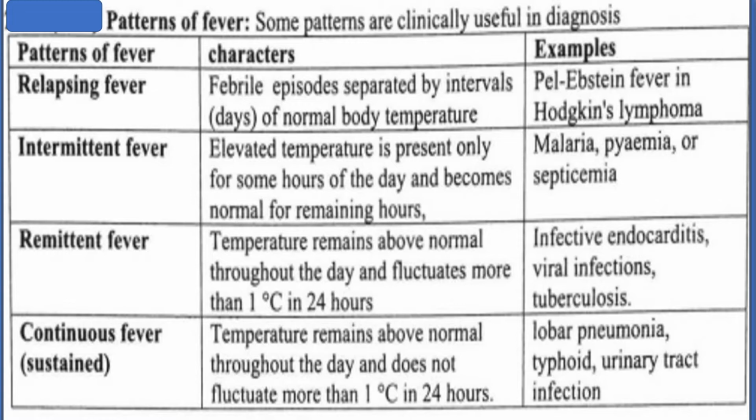Relapsing fever: febrile episodes separated by intervals of days of normal body temperature. So febrile episodes separated by normal temperature is called relapsing fever, as in Pel-Ebstein fever in Hodgkin's lymphoma.